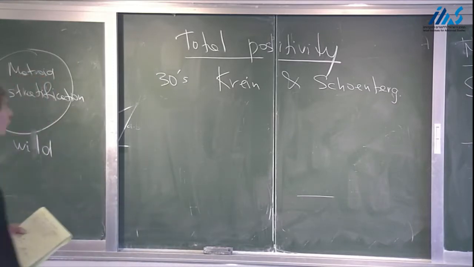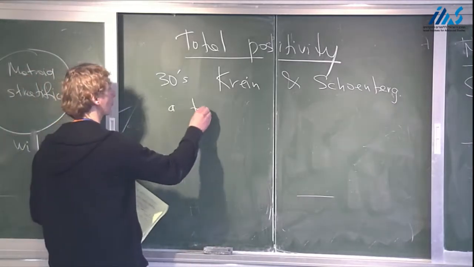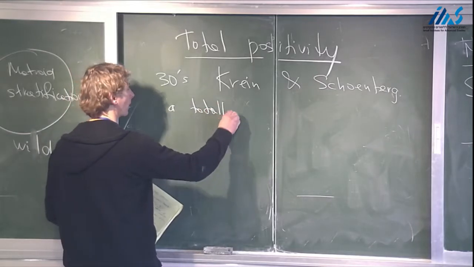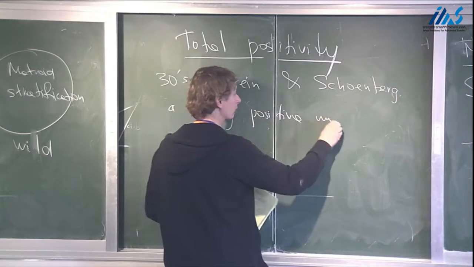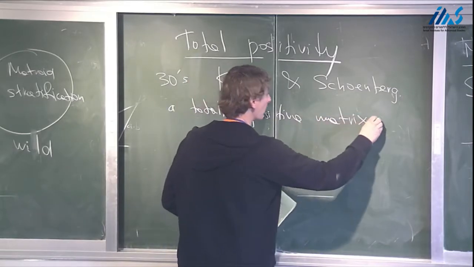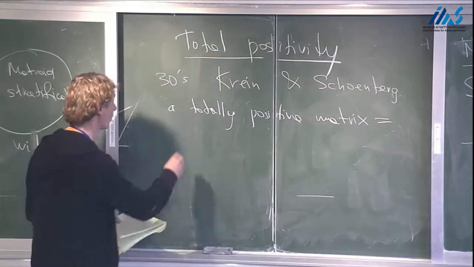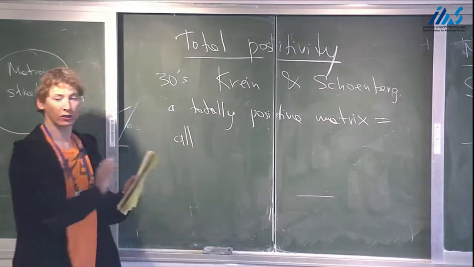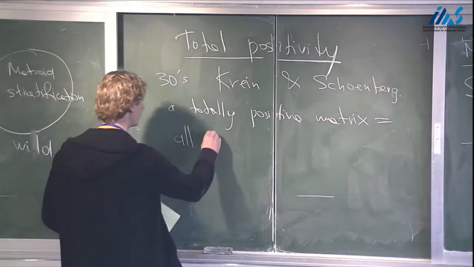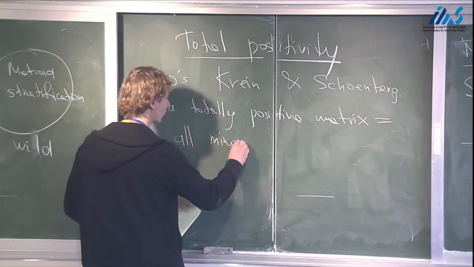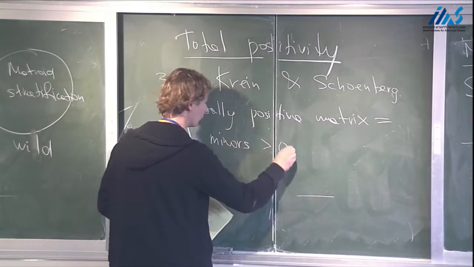So what is a totally positive matrix? That's a matrix where all minors, all determinants of all submatrices, are positive. All minors are greater than 0.